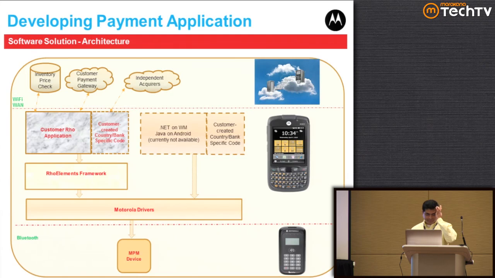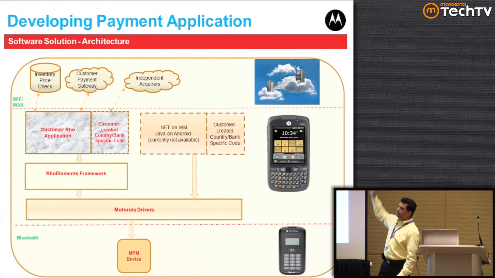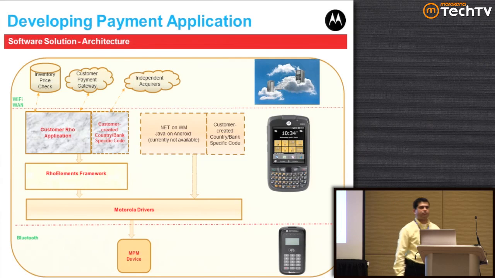This is the architecture. So this is where your question gets answered. This is the domain of the NPM, and this is the domain of the mobile device. Above that, it's all acquirers, gateways, and whatever infrastructure you have.